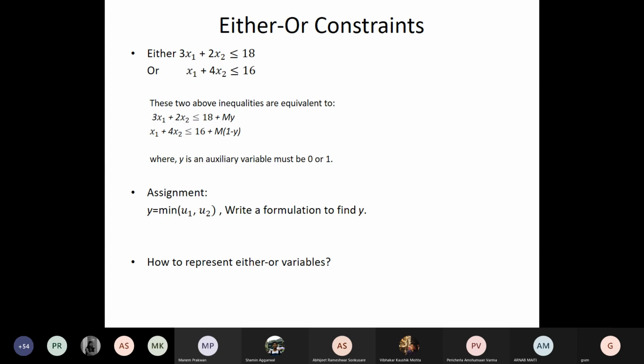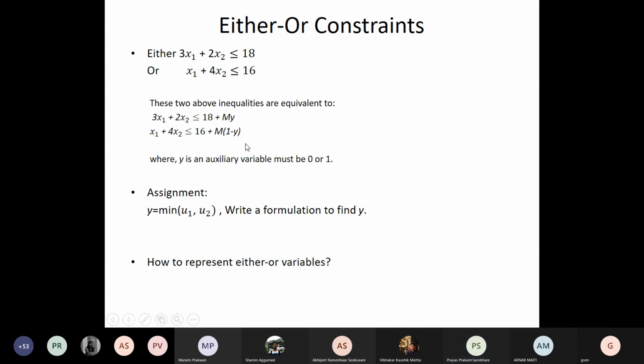It is as good as saying nothing, because everything is less than a very big number, right? So this first constraint becomes inactive. I mean, it is non-existent now.